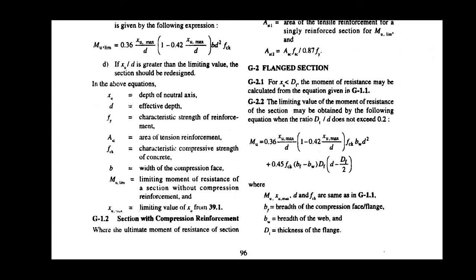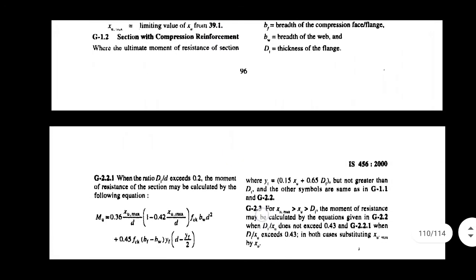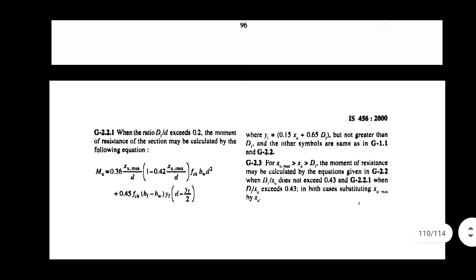We have to follow this formula for Mu, that is equal to 0.36 XU max by D within bracket 1 minus 0.42 XU max by D bracket closed, FCK BW D square, plus 0.45 FCK within bracket BF minus BW into YF within bracket D minus YF by 2.